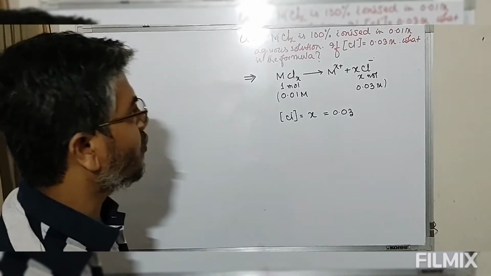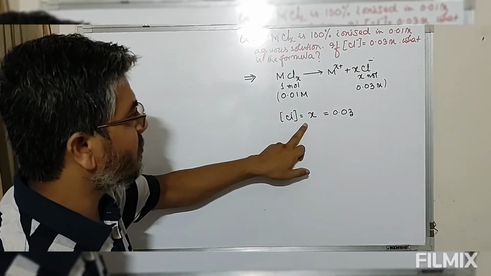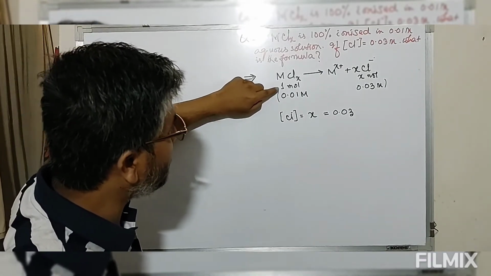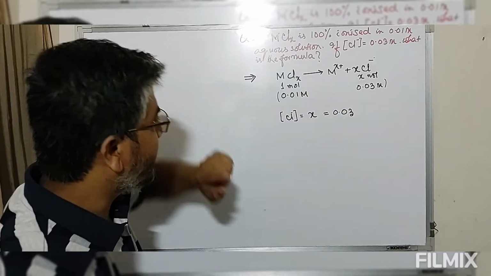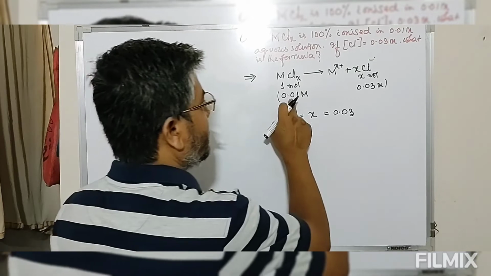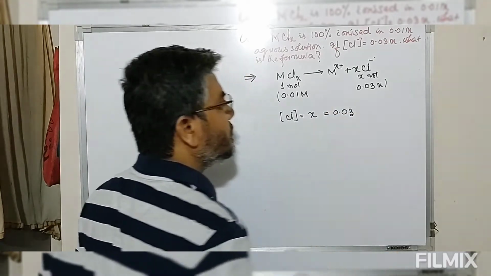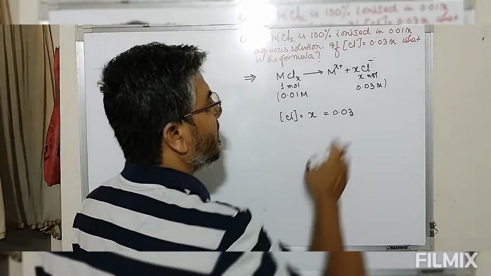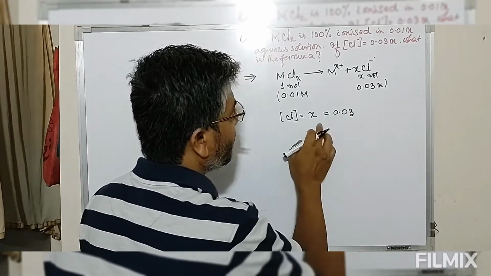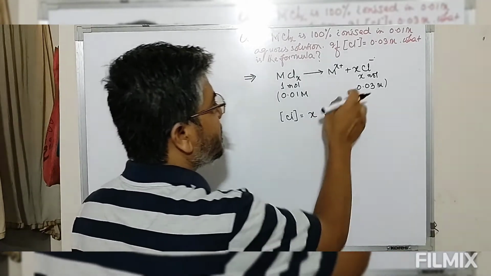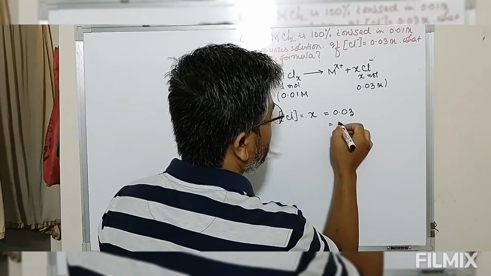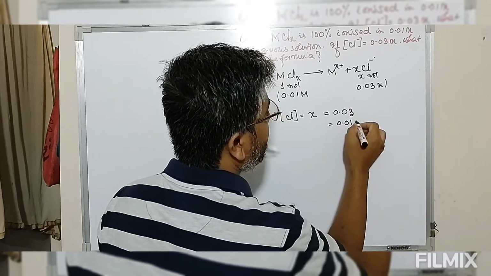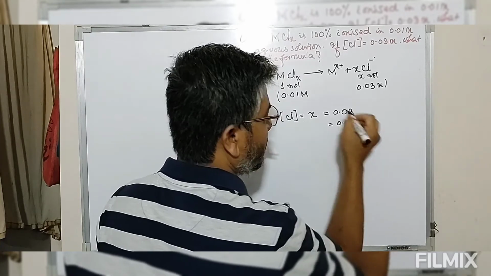Now we are saying 1 mole gives you X moles, so 0.01 mole gives you X times 0.01, which is 0.03. So if you look at this stoichiometry, X is equal to 0.01 into 3.